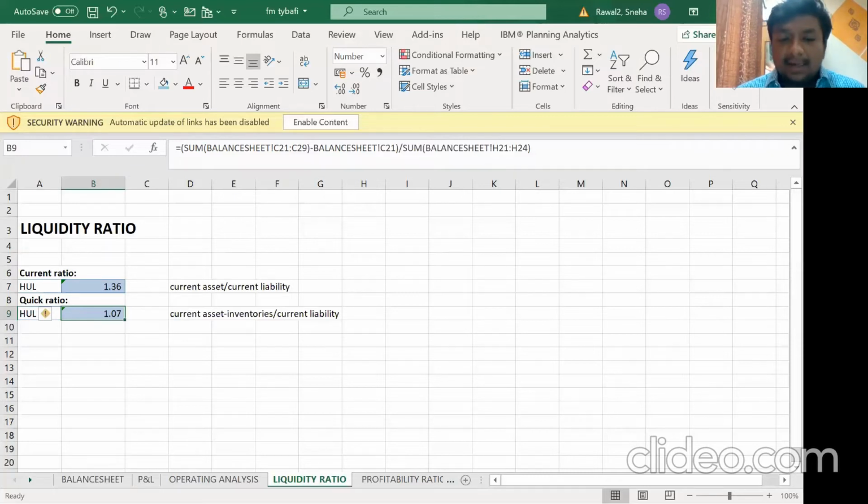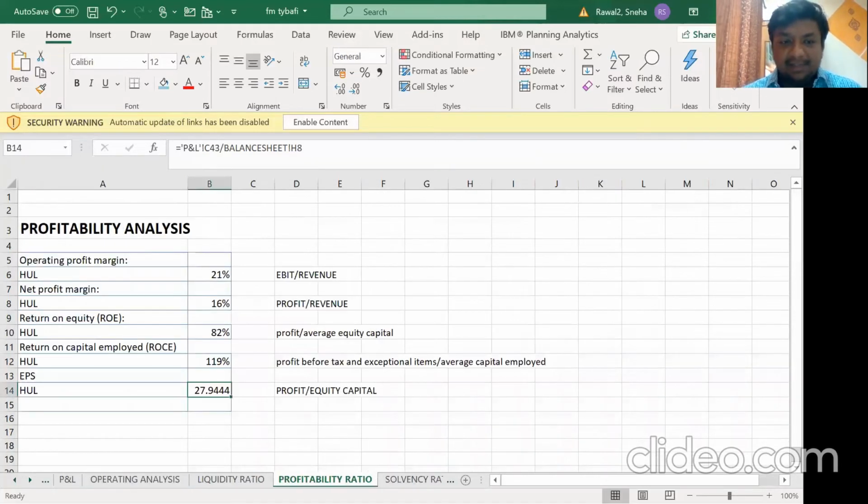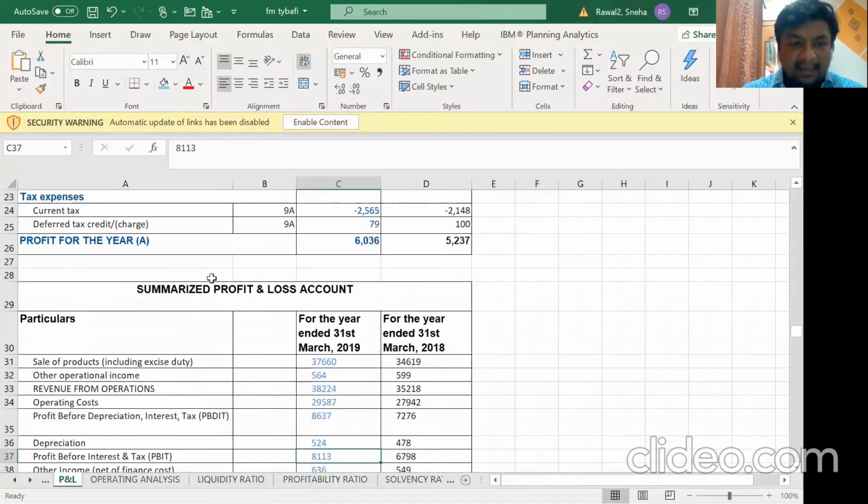Okay, so now let us go on to profitability ratios. Profitability ratios is to evaluate business performance of the company. To start with is your operating profit margins, that are EBIT, that is earnings before interest and tax, divided by revenue. So we go on to summarized profit and loss account.